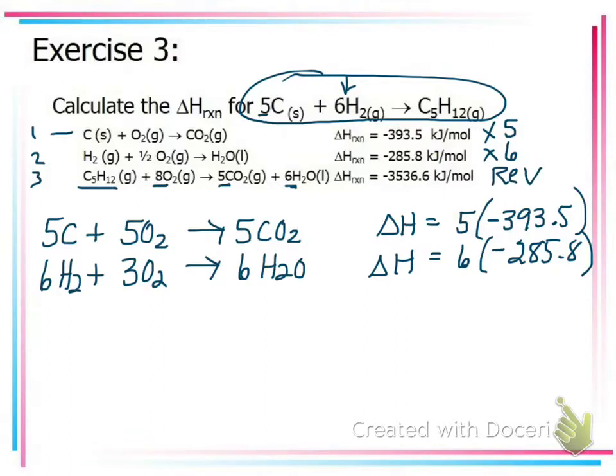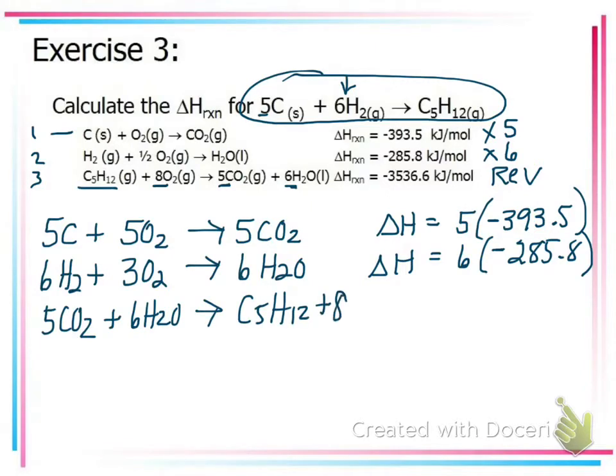So now it's going to have 5 CO2 plus 6 H2O yields C5H12 plus 8 oxygen. And for that delta H, I need to reverse the sign, because I reversed the equation, so I'm going to say positive 3536.6.